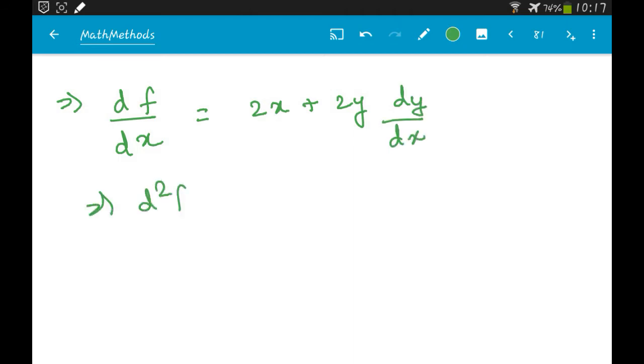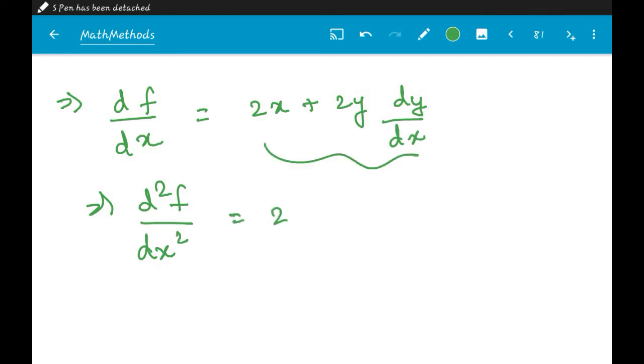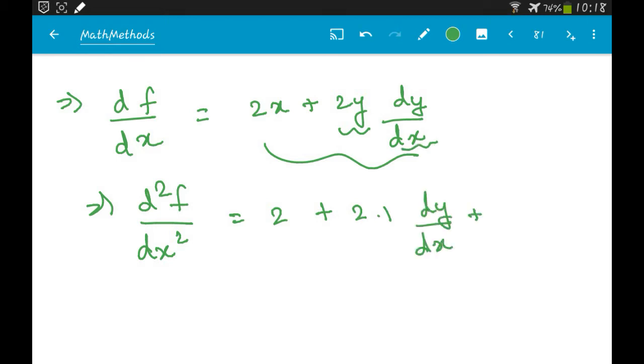Now in order to find out d square f by dx square, we have to differentiate this again. So we'll get 2 for this part, and for this part there are two functions, right? So we'll have to do it one by one. First differentiating this function, you'll get 2 into 1 into dy by dx plus, now let's differentiate this function and not this function. So we'll get 2y into d square y by dx square.